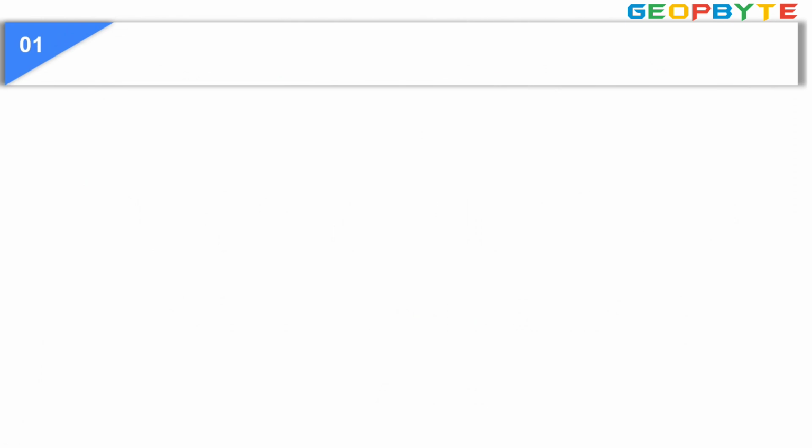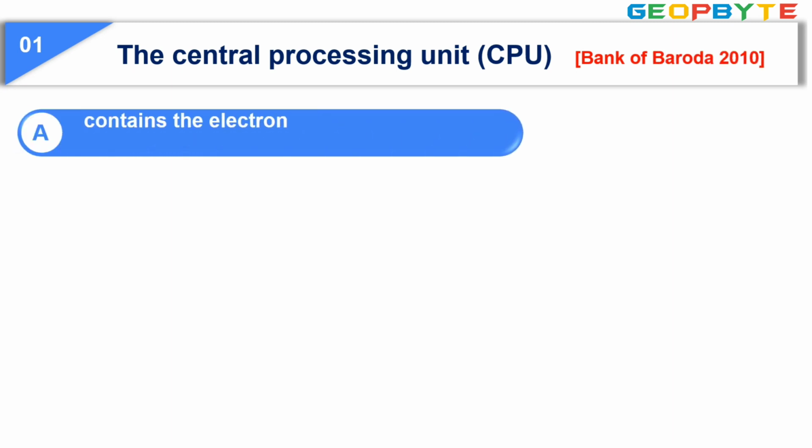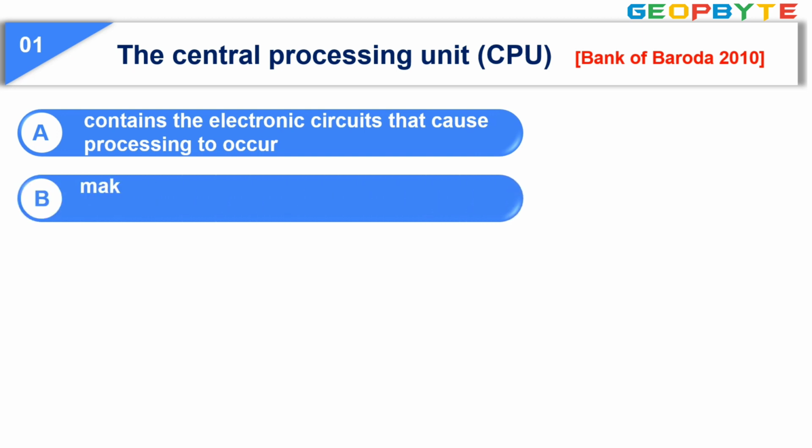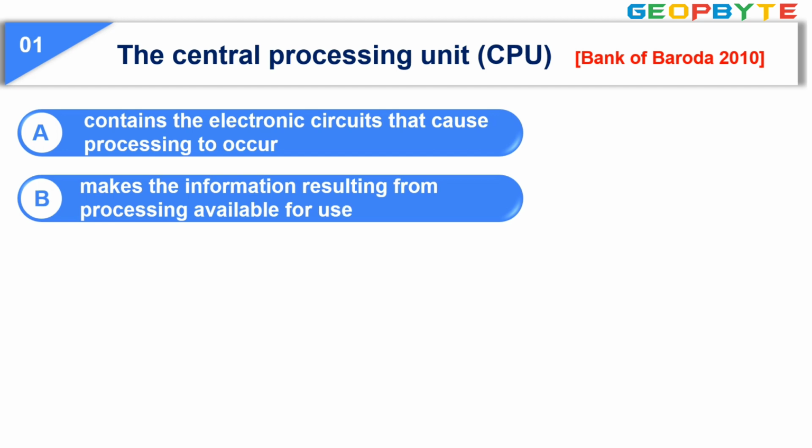Moving to question number 1. The central processing unit, CPU. Option A contains the electronic circuits that cause processing to occur. Option B makes the information resulting from processing available for use.